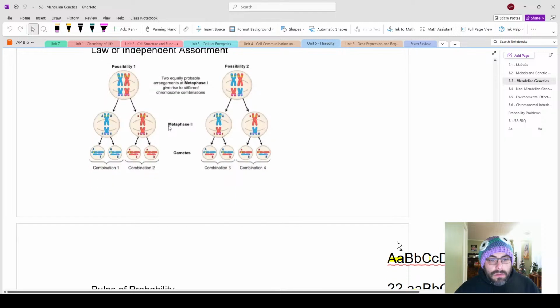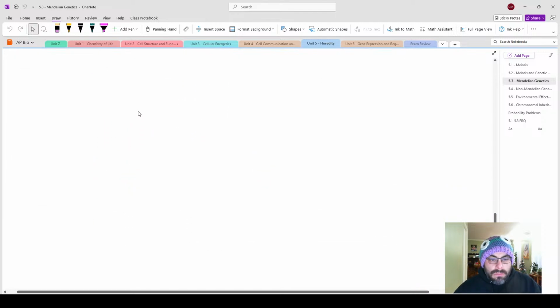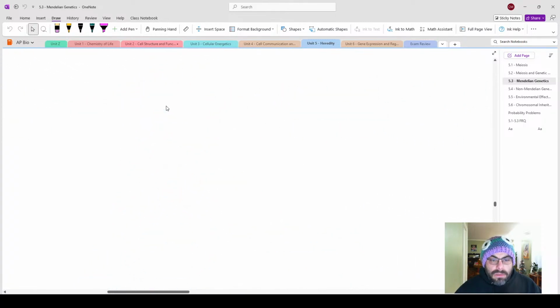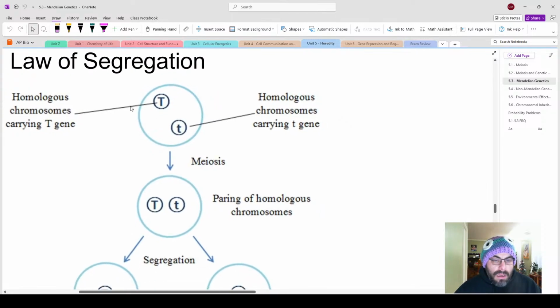Here we go. The law of segregation says that here's a homologous pair representing this particular allele T. If an individual is, say, genotype big T, little t, then they have an equal chance of passing on the big T or the little t.